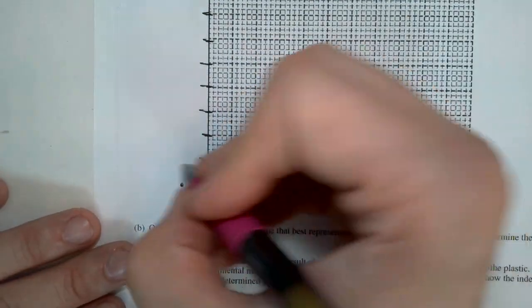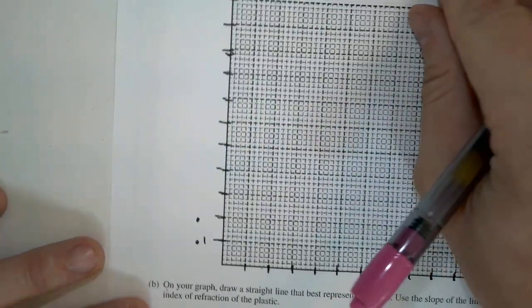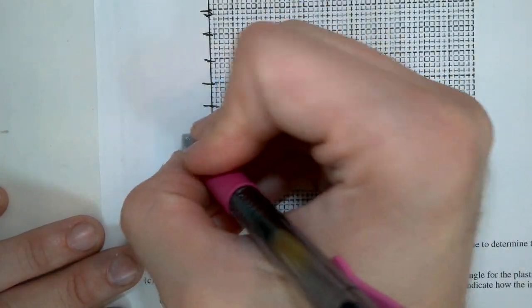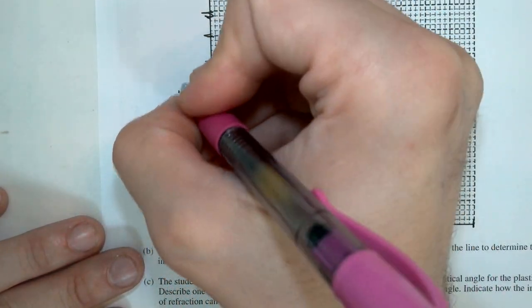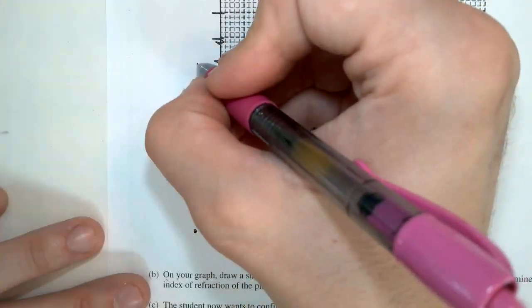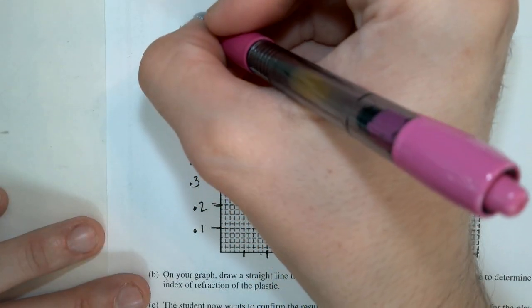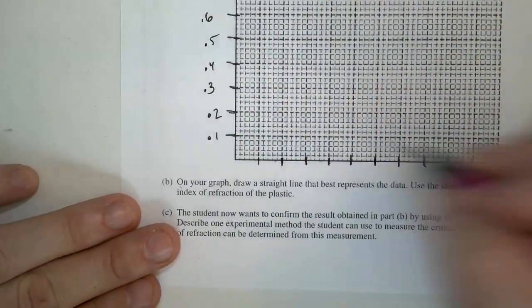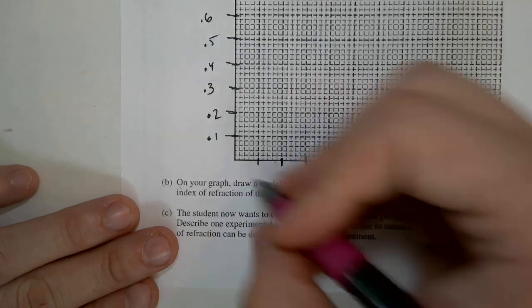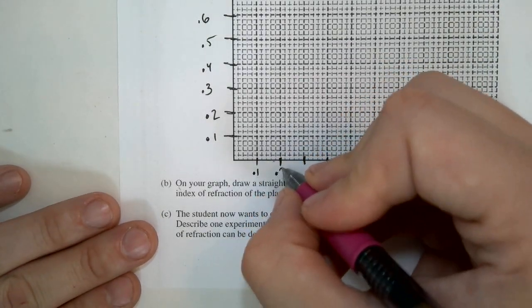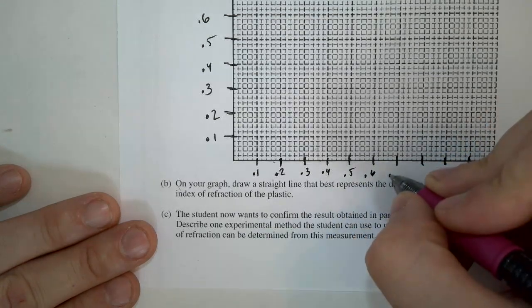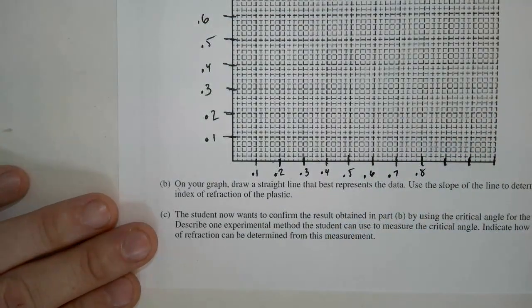Here, I'm going to count by 0.1s for the y because the y values need to go up to 1. So 0.1, 0.2, 0.3, 0.4, 0.5, 0.6, 0.7, 0.8, 0.9, and 1.0. And then I might as well count by 0.1s for the x values because that would get us to around here. That seems like more than half. 0.1, 0.2, 0.3, 0.4, 0.5, 0.6, 0.7, 0.8.